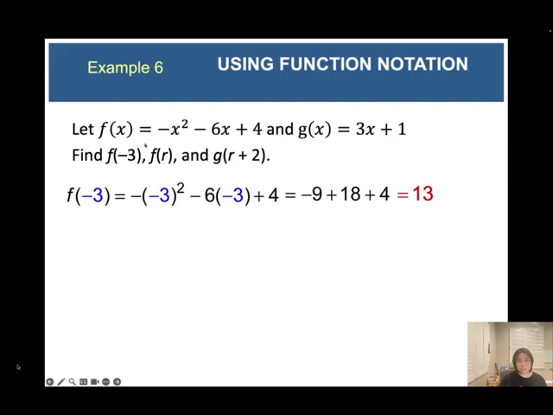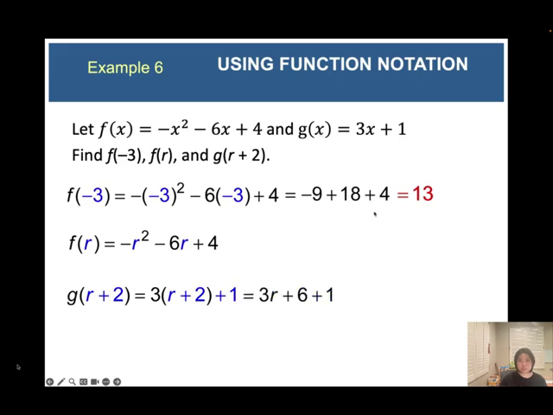Now plug in x equal to r into the f function. So you should get this guy. Pretty straightforward, right? We replace the x with the r here. Last one. Find out what is g of r plus 2. Okay, plug in r plus 2 here. Distribute the 3. Combine the terms. You should get 3r plus 7.